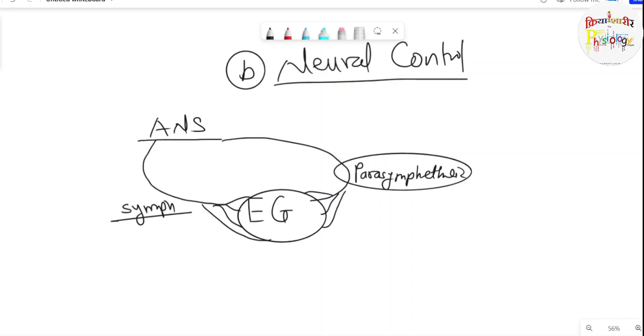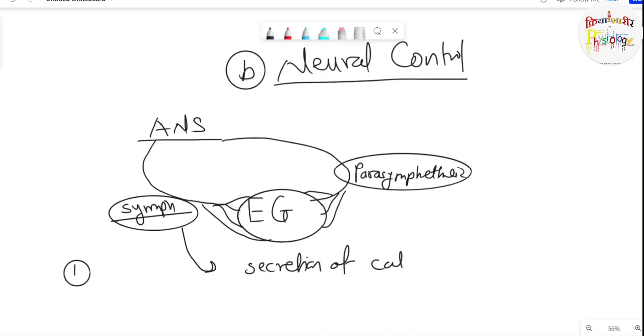A good example of this neural control is that when sympathetic innervation gets stimulated, it leads to secretion of catecholamines from adrenal medulla.